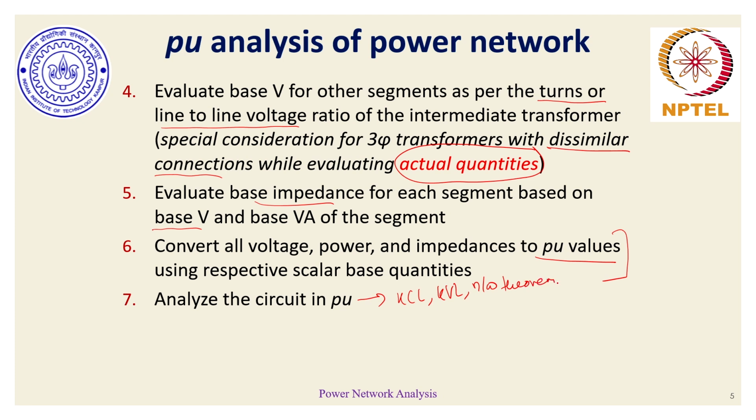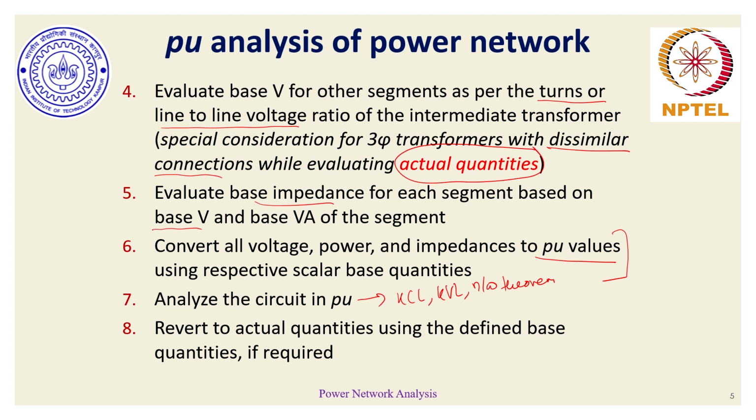And once the analysis is done, if needed, the per unit quantities can be referred back to actual quantities, again by multiplying the corresponding per unit quantities with the corresponding base quantities of the respective section or segment.